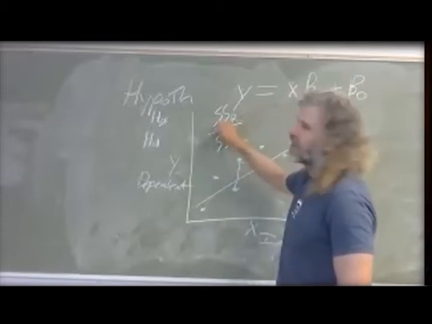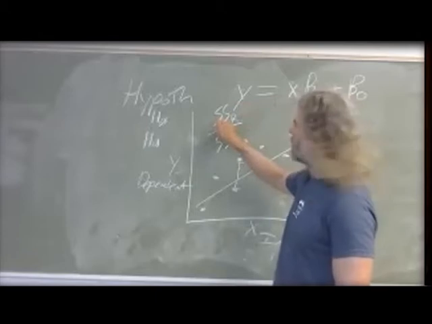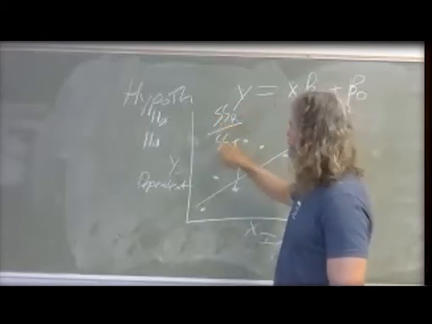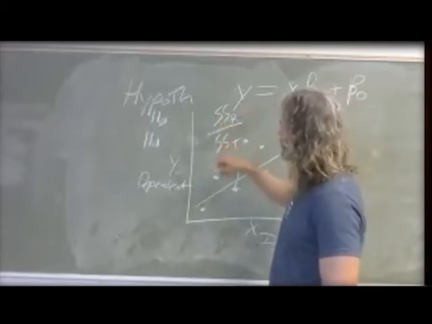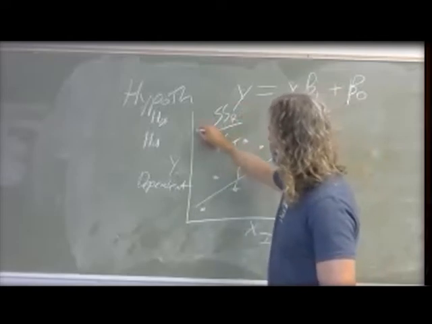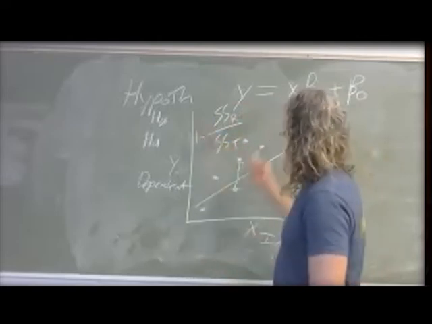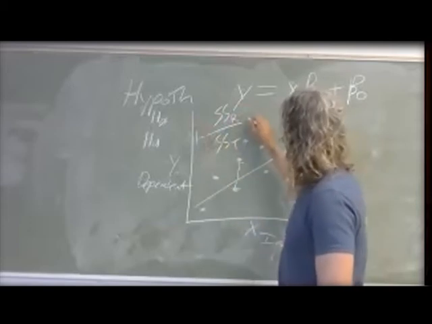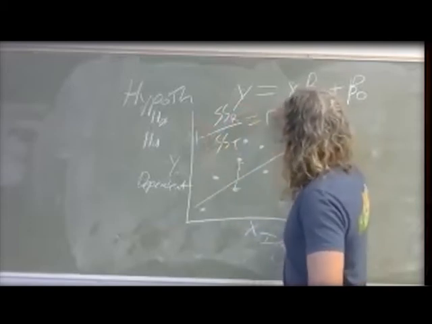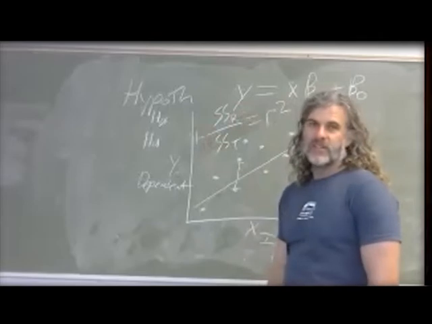And if you divide the amount of information that you have not explained by the total information in here, you get this nice ratio, which you can subtract from 1. I'm sorry, it's all crammed together. But what you get here is the statistic R squared.